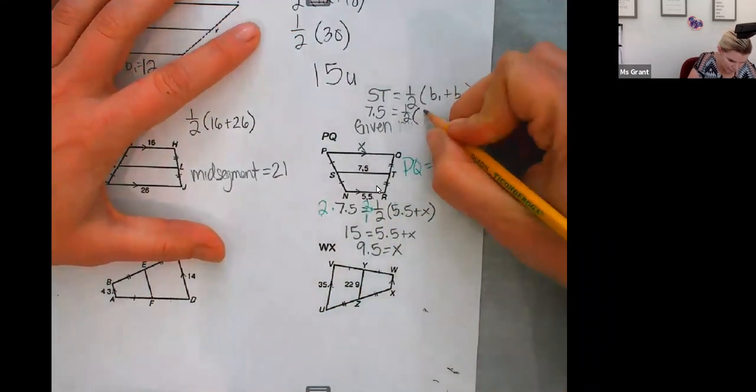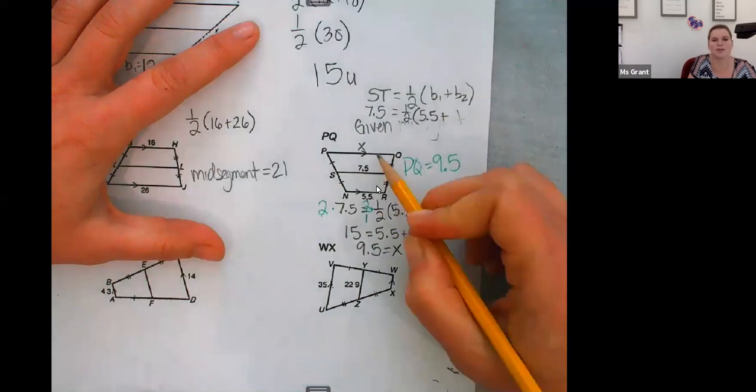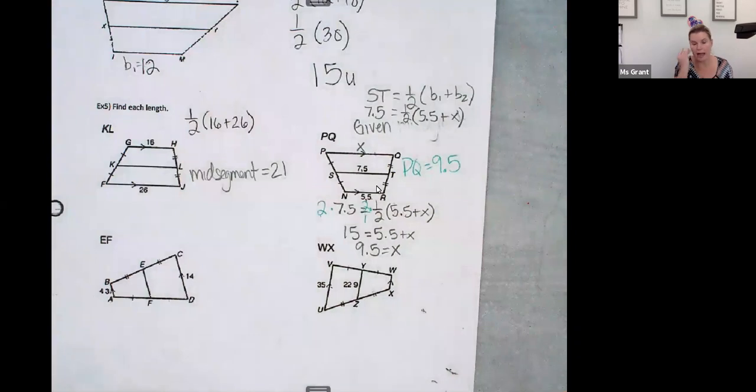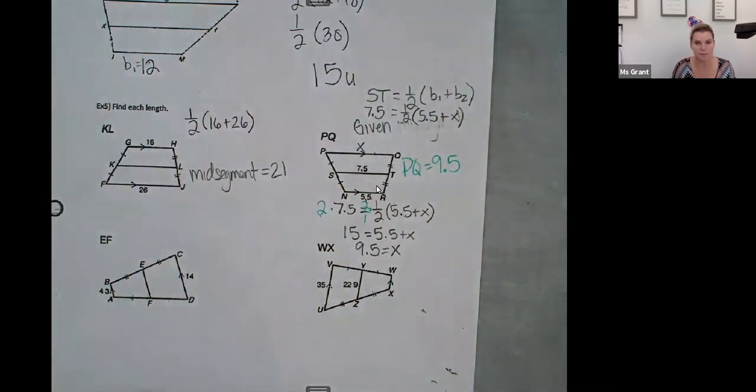I knew one base, but I don't know the PQ. So I have to solve for x, which is in the parentheses now, and the best method would be to get rid of the fraction first. I don't want to distribute 1/2 times 5.5. No way. So we multiply by the reciprocal to get rid of the fraction. Then I don't have to distribute a decimal. Okay. Did that answer your question?